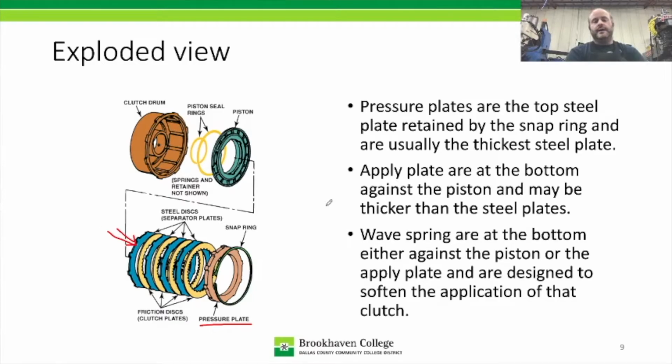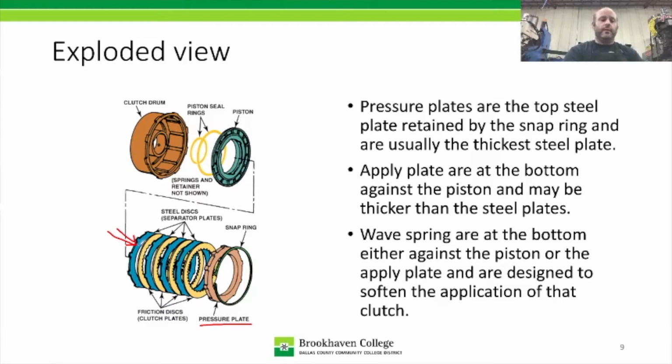And the apply plate is just like a pressure plate in that it's a thick plate, but in most cases it's because of the return spring. It's usually a Belleville spring that's pushing up, and it needs a place to pivot on, so they'll design an apply plate and piston combination that will allow that apply plate to move up and down in a nice linear fashion.